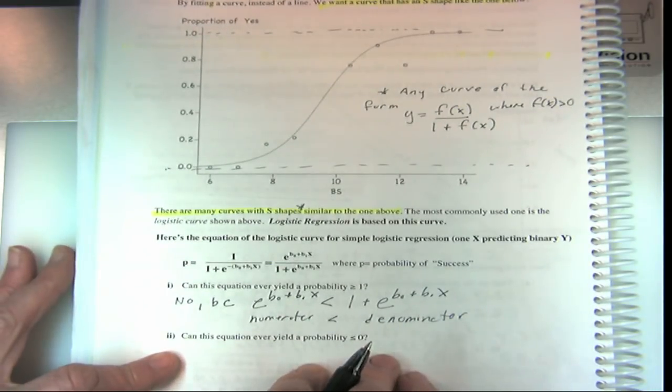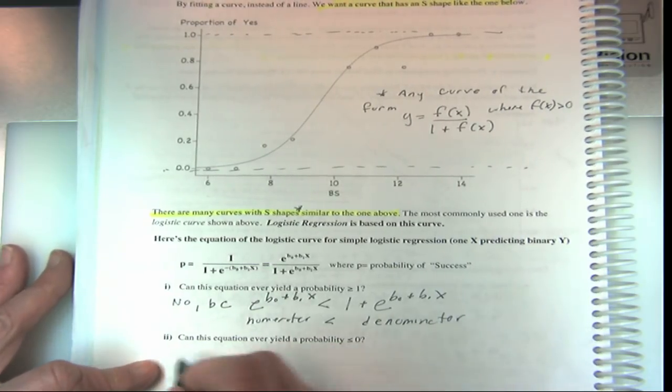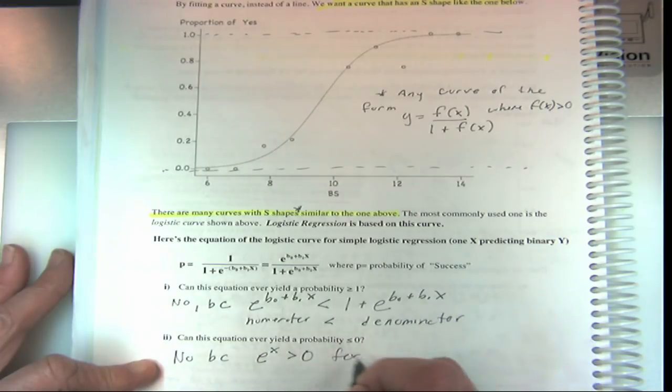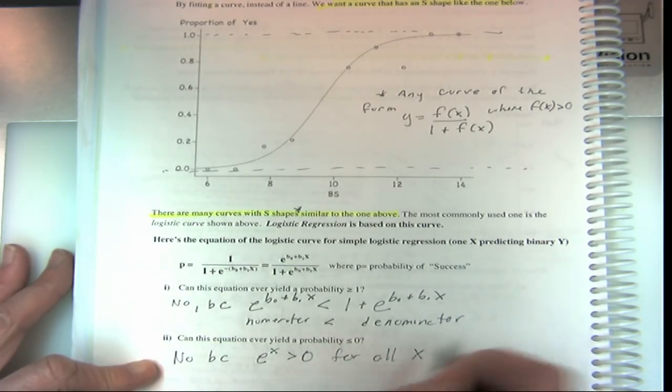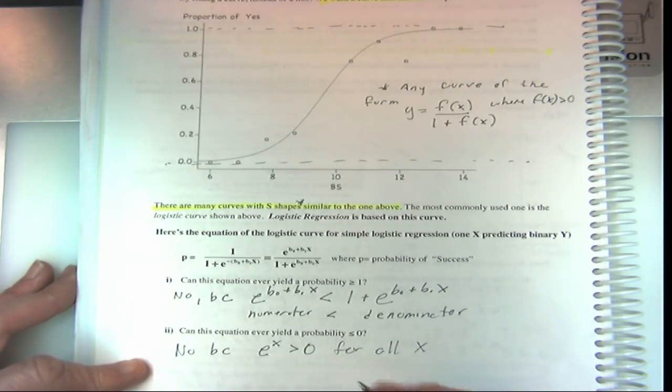And can it ever yield a probability less than or equal to 0? No, because e to anything is going to be greater than 0 for all x. I mean, even if x went to negative infinity, a huge negative number, e to the x would get closer and closer to 0.